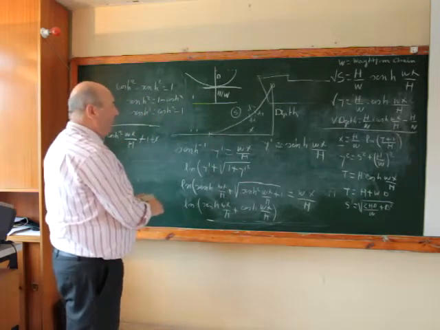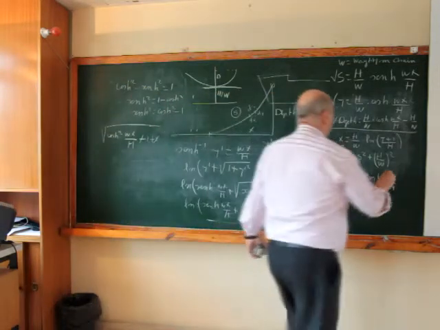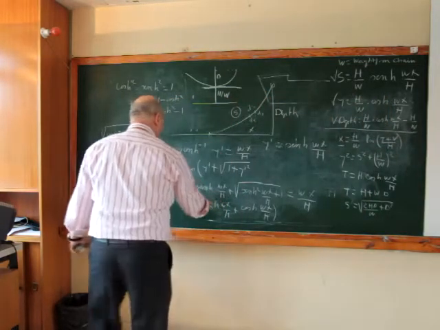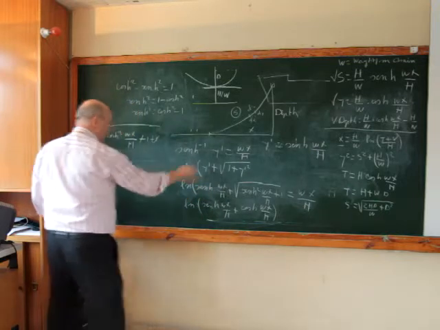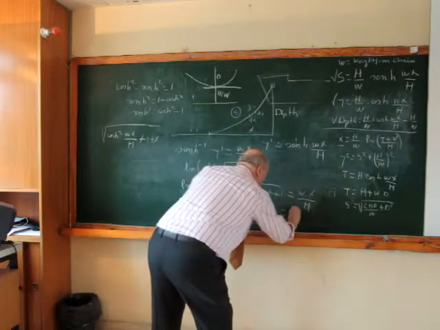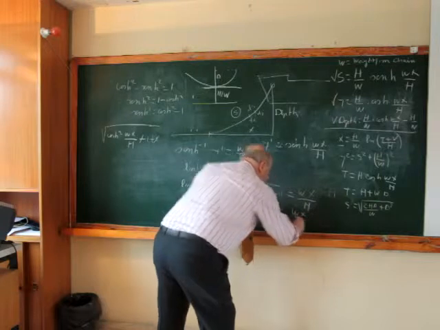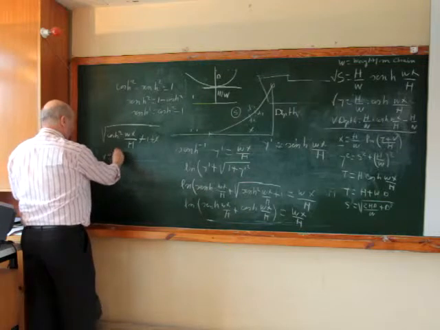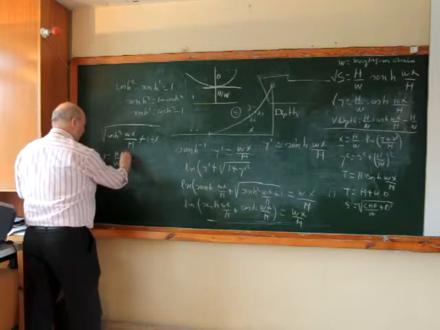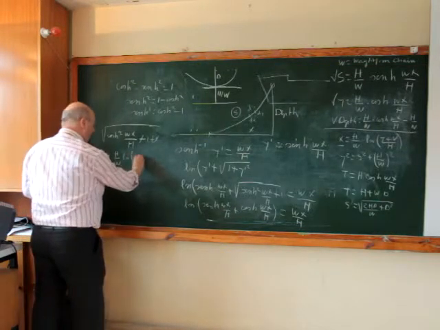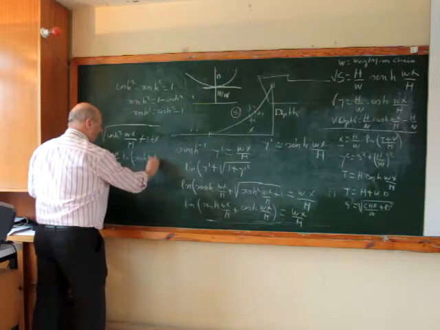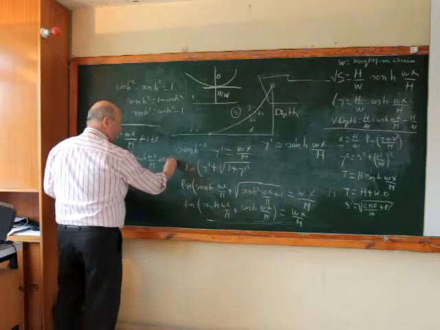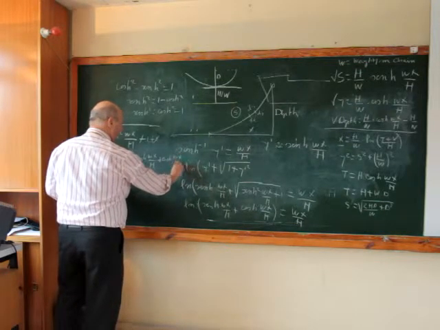And what we have to do is to find out and to show that this is equal to wx divided by h. So x will be equal to h divided by w times the natural logarithm of the hyperbolic sine of w divided by h plus the hyperbolic cosine of w divided by h.